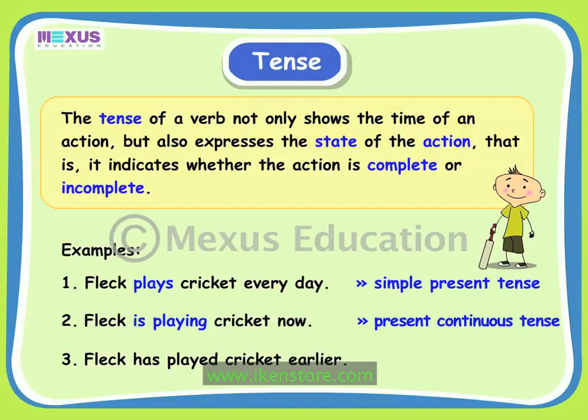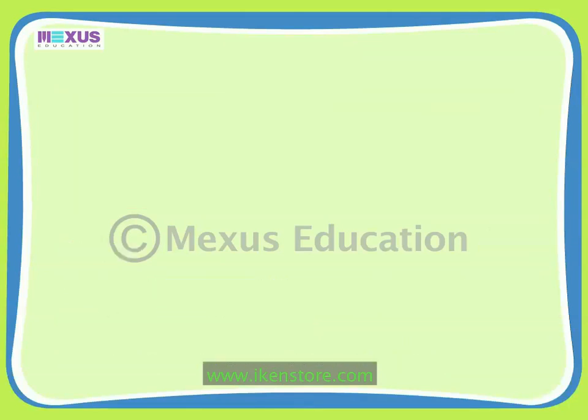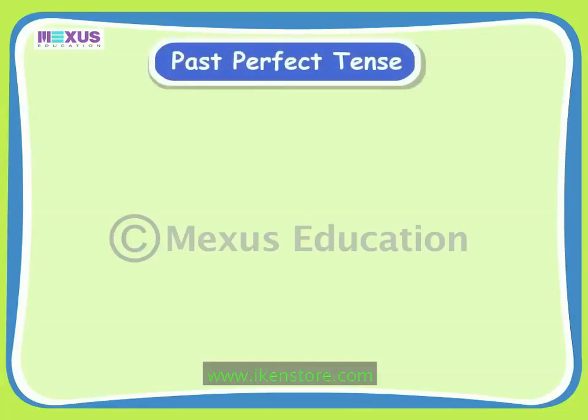In this sentence, the verb has played indicates a completed action in the present moment. It refers to the present perfect tense. In this lesson, we shall learn about the past perfect tense and its uses.